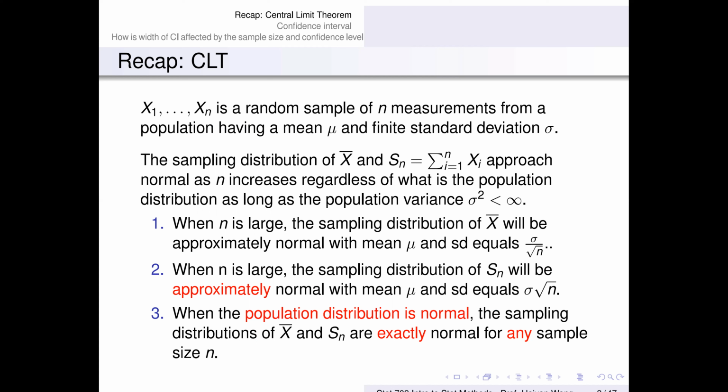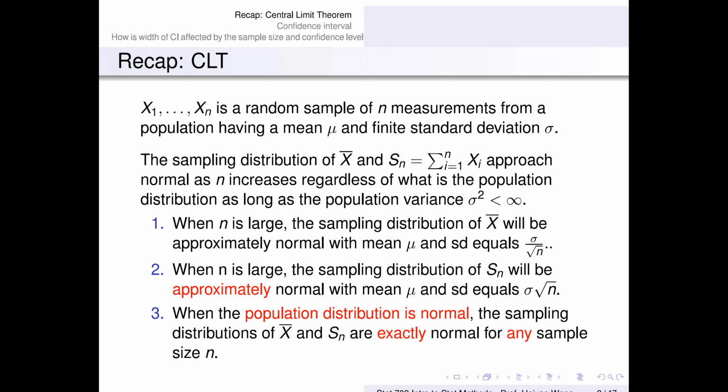Whenever n is large, regardless of what the actual population distribution is, whether it's symmetric or skewed, we can use the normal to approximate the sampling distribution of this sample average. And the sample mean x bar would have the distribution centered at mu, and the standard deviation equal to population standard deviation divided by the square root of sample size.